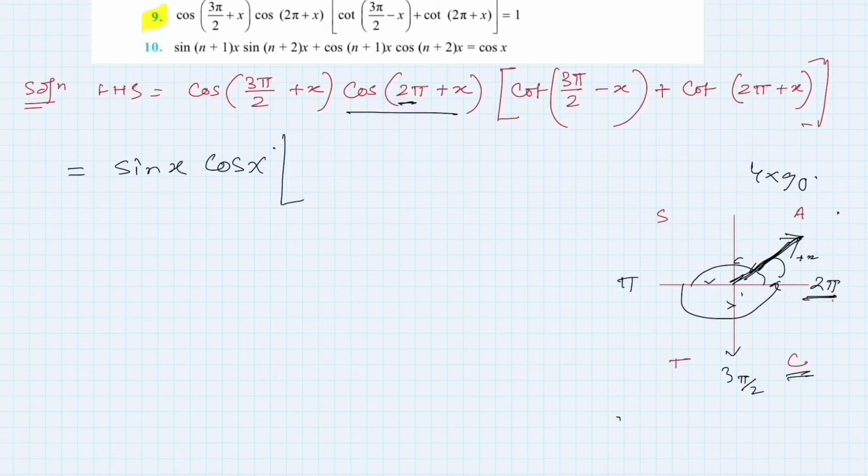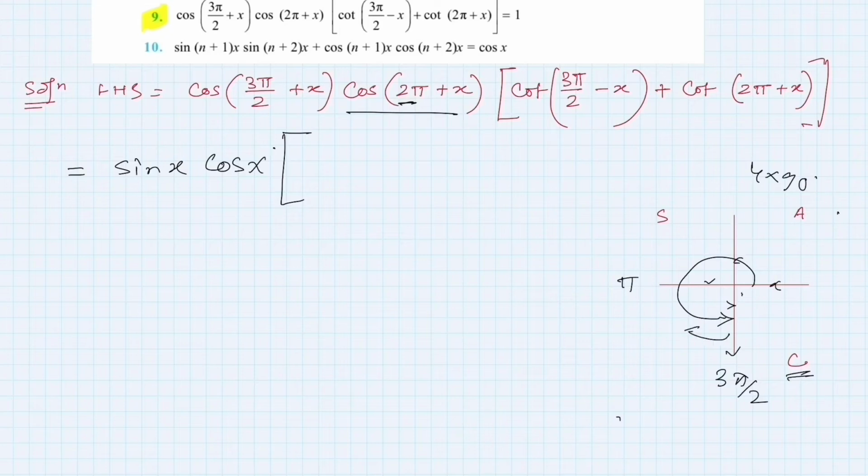Okay, then cot(3π/2 − x). Here you can see 3π/2, and minus x, so it must be lying in the third quadrant. Okay, let me clean this first. So here you see, from here to there it is 3π/2.